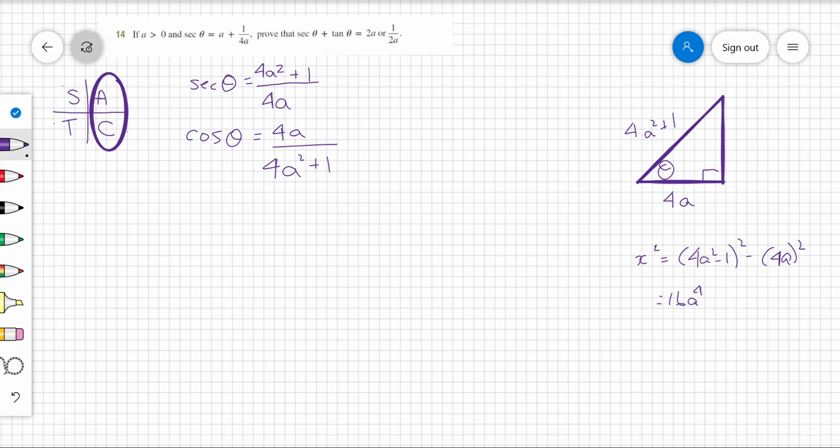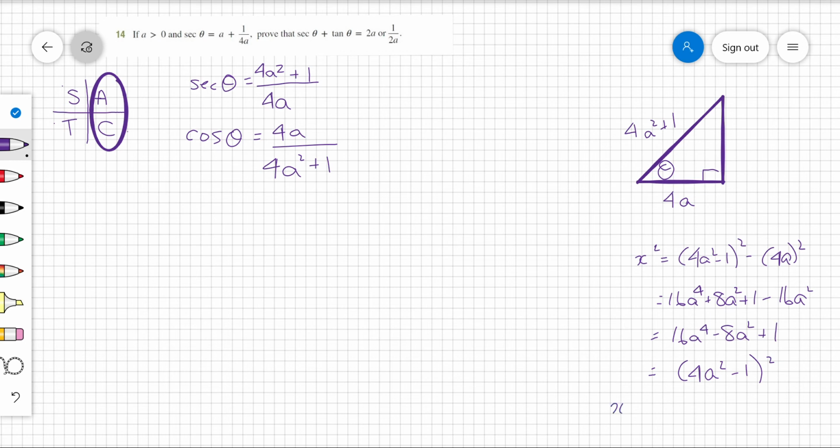So square the first term, double the product, square the last term, and then we've got 16a to the 4 minus 8a squared, we're going to get plus 1 here, minus 16a squared. Hopefully you can recognize it as a perfect square. It's got some nice numbers in it.